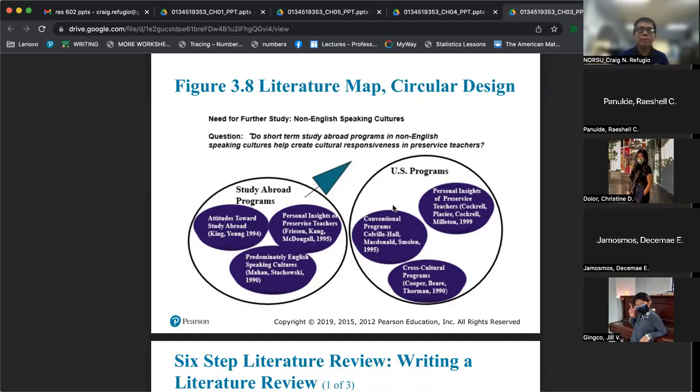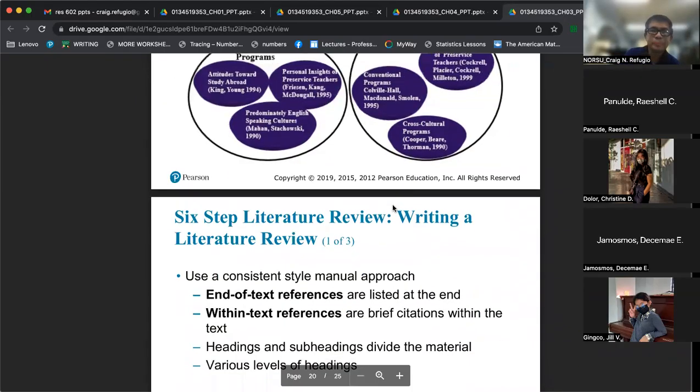So we have study abroad programs, with the US programs, and within that big circle, or big oblong, you can find many subcomponents. And with the US program, geometric figure, you can find many components. And these are part of the circular design of your literature map.